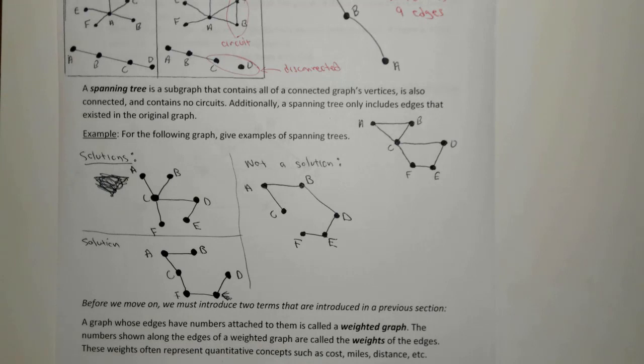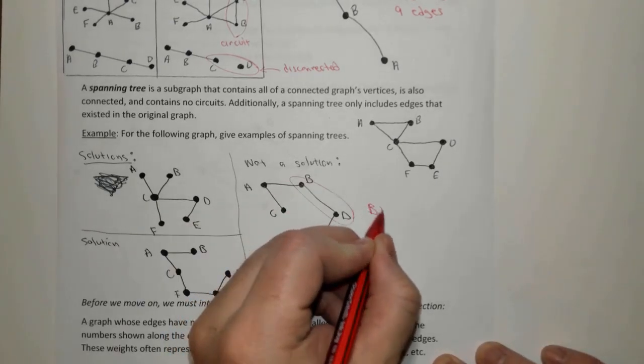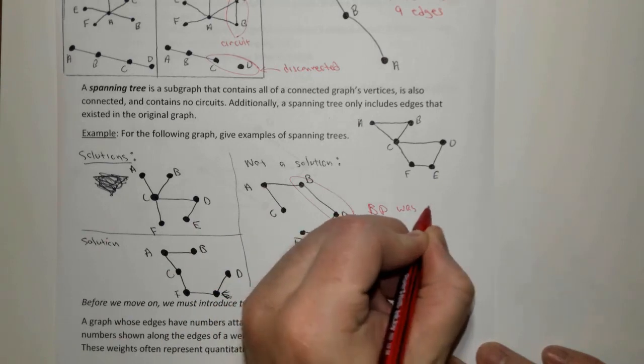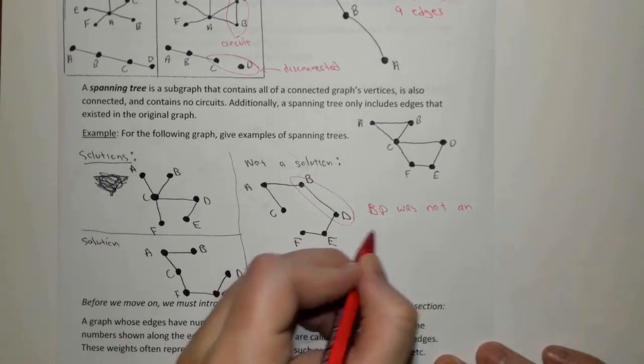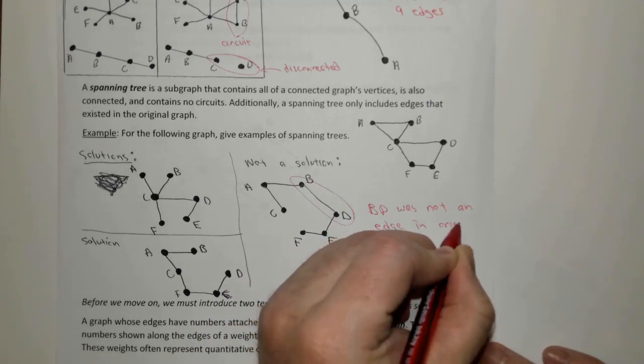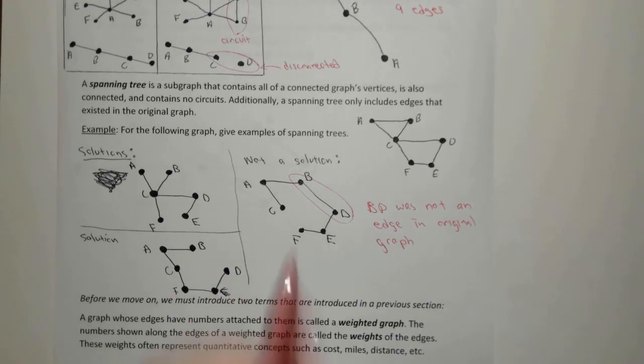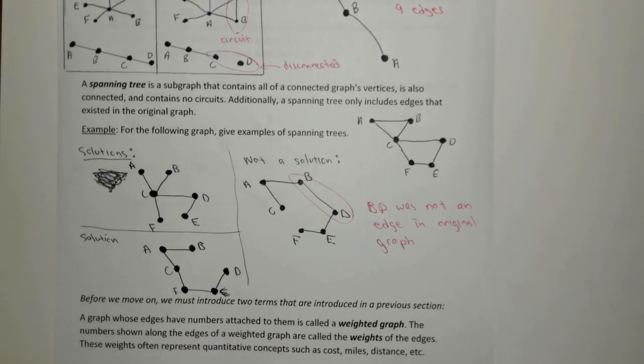Think on that. This one is not a solution because BD was not an edge in the original or given graph. Just because the answer is a tree, if it has extra edges not in the original, it's still not a spanning tree.